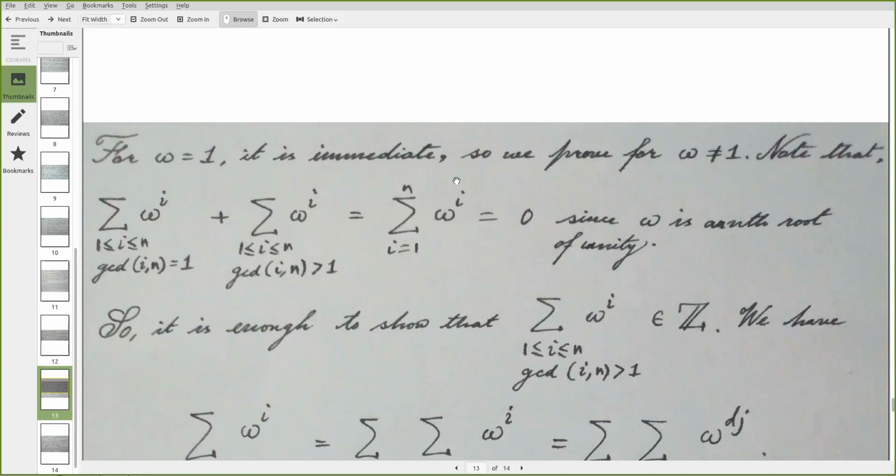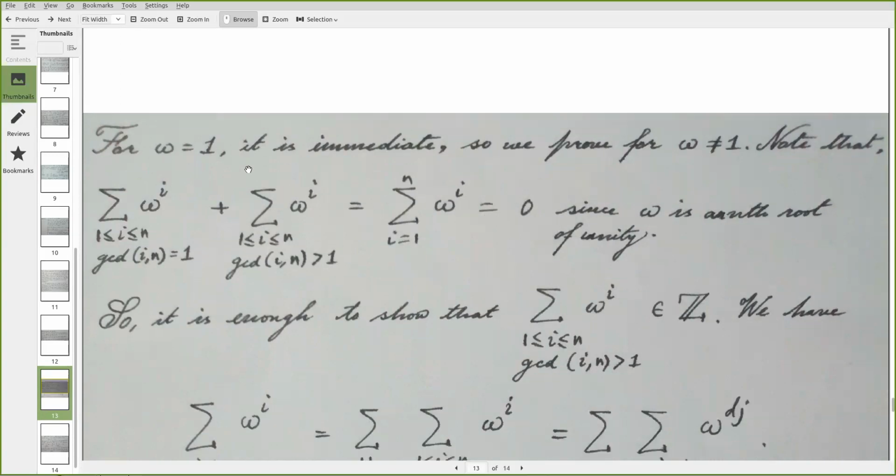So since the sum is 0, in order to show this is an integer, it suffices to show the other part is an integer. Okay.